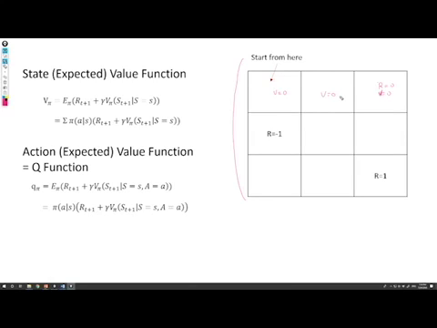Actually, this is more like v_{t+1}. So the next value function of this state is defined like this, which is the expected value of the next cell's reward value and the next cell's expected value again. And this is called the discount factor. It can be any number between 0 and 1 because it's more like a decay rate or decay constant.